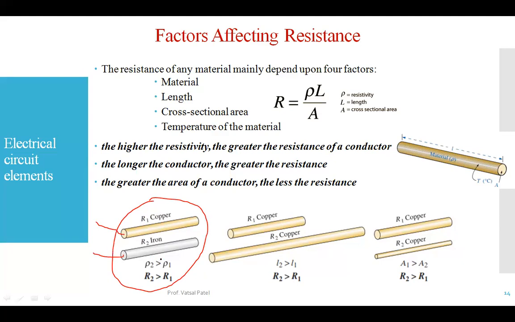If the resistivity of iron is greater than that of copper, then we can say that the resistance of the iron material is greater than the resistance of the copper material. Can we say that the resistance of the iron is greater than the resistance of the copper conductor?